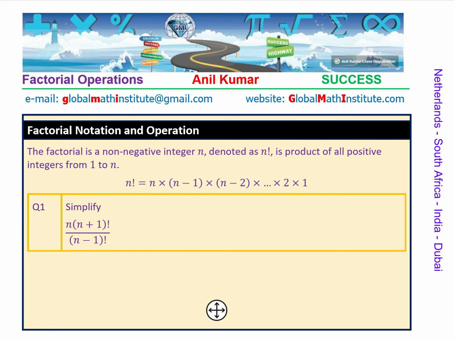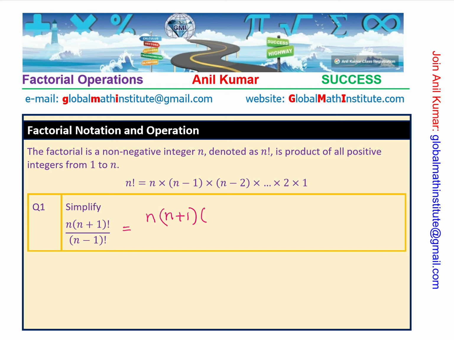So let's begin with the solution of question number 1, which is simplify n times n plus 1 factorial over n minus 1 factorial. See, using the factorial notation, we could expand n plus 1 factorial. First term n, right? We are going to multiply this by n plus 1 factorial, which means keep on multiplying with 1 less than n, right?